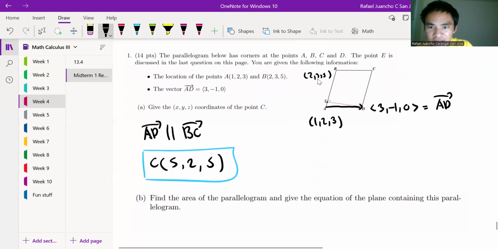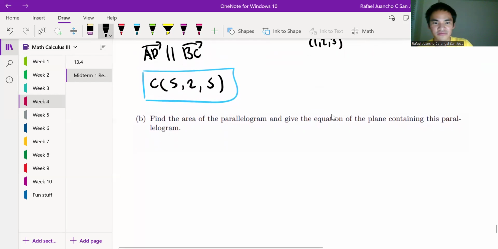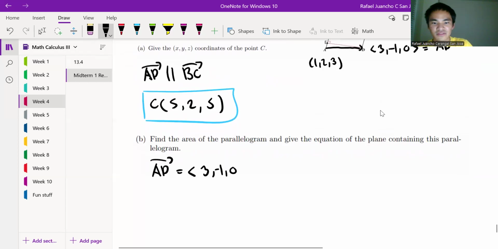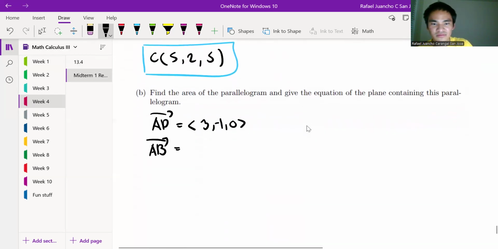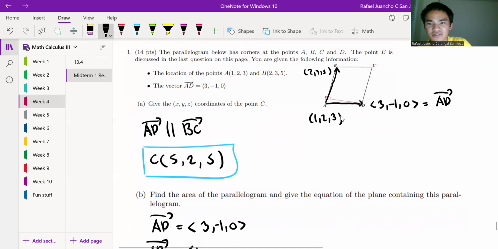And the way to do that, well, we need to subtract B from A, the components. So here we need basically two vectors. So here we're actually given the vector AD, 3, -1, 0. We just need A to B. So this is 1 plus 1, that gives us 2. So my vector here is 1. Right? So I need this vector as well. That'll give me AB. 1 plus 1 is 2. 2 plus 1 is 3.